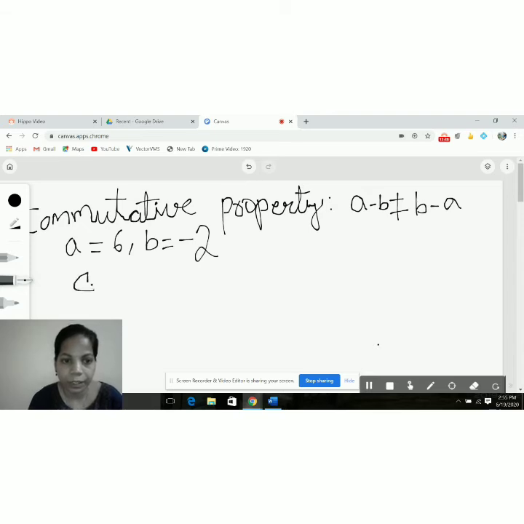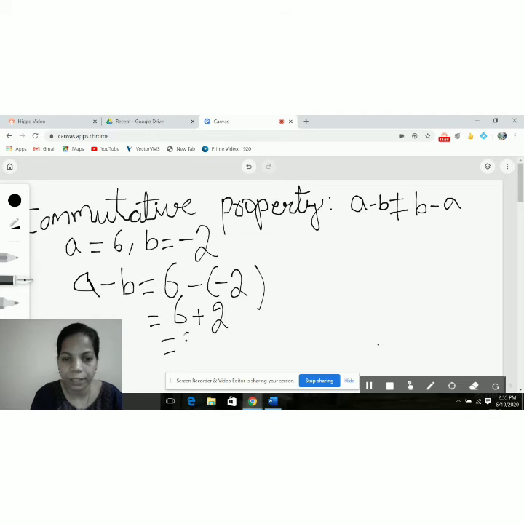Now a minus b is equal to, what is the value of a? 6. Minus b is minus 2. Now 6 minus into minus plus 2. 6 plus 2 is 8. Now b minus a. What is the value of b? Minus 2.